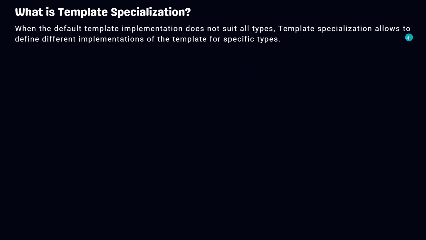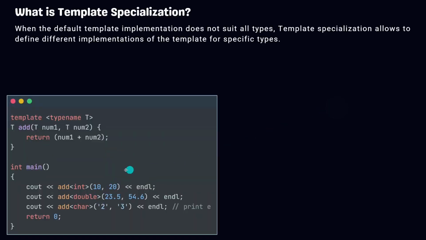Template specialization allows us to define a different implementation of the template for a specific type. That means we need to provide one more add method for that particular character data type. If we are passing a string data type, then we have to handle something in a different way for that add method, and that is called template specialization.